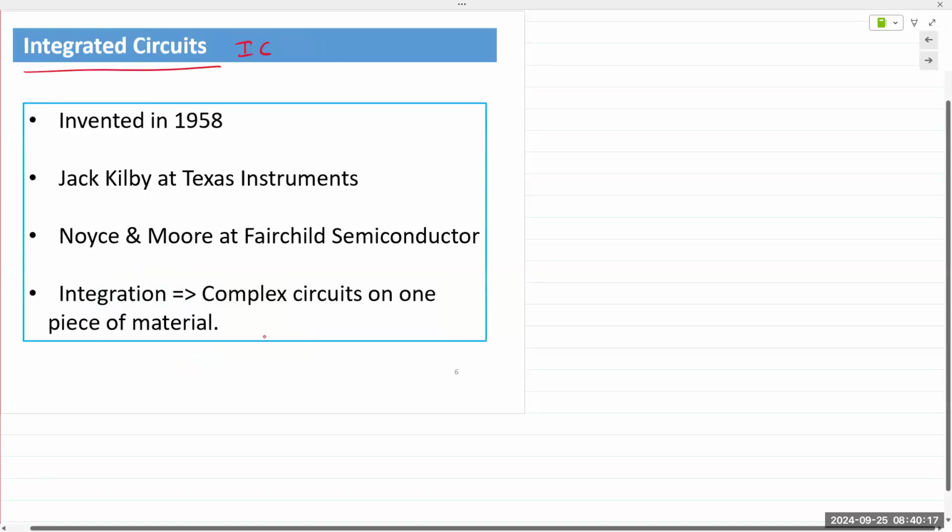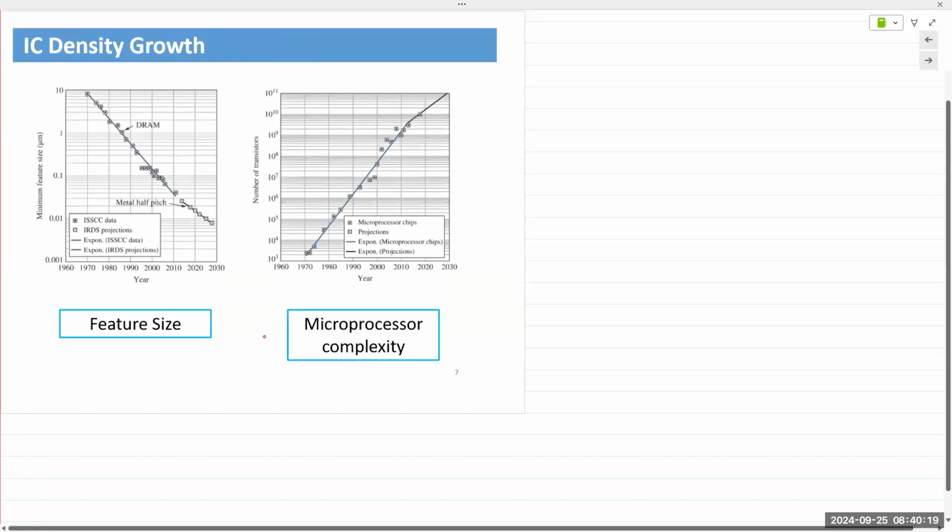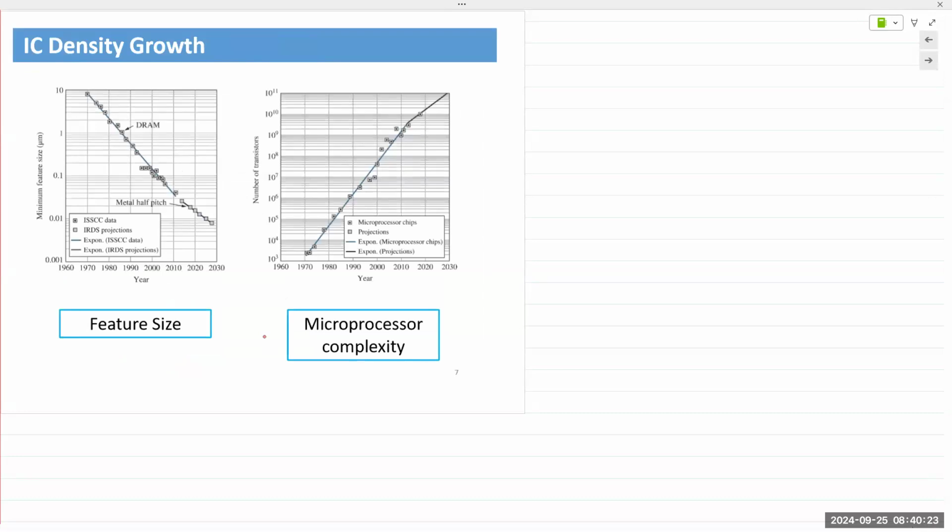Okay, complex circuits. So we're talking microchips. Intel's Gordon Moore predicted, well, not predicted, but while they were working, he was astonished at the amount of progress they were making every single year. Year over year, they could see that the number of transistors in a single silicon package was almost doubling.